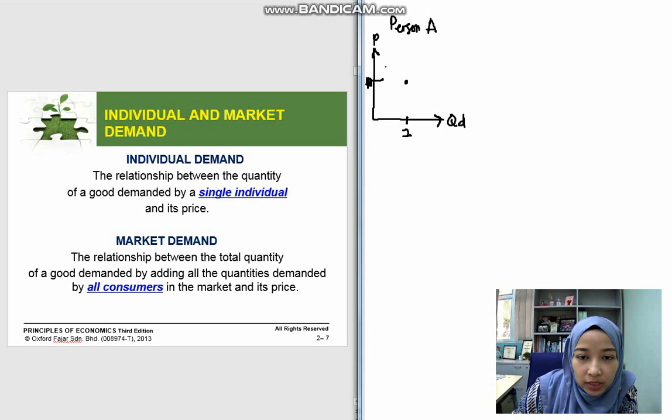So let's say you have this demand curve for person A, which is here.